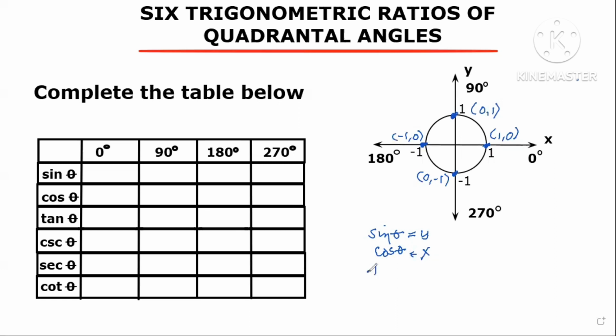And sa tangent, one of the basic identity is tangent theta is sine theta over cosine theta. In other words, in terms of x and y, this is equal to y over x. Yan lang po ang gagamitin natin para ma-complete itong table na to. Kaya sabi ko nga sa inyo, hindi nyo kailangang mag-memorize. Okay?